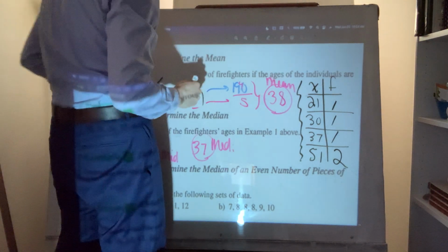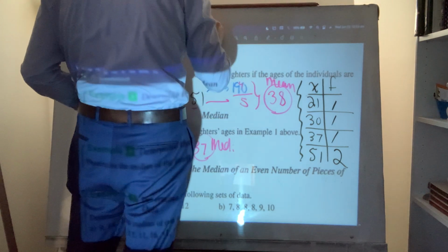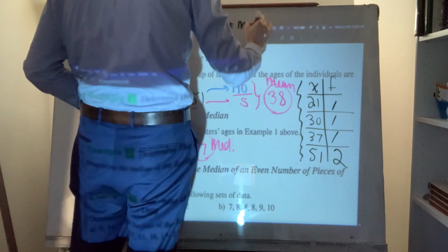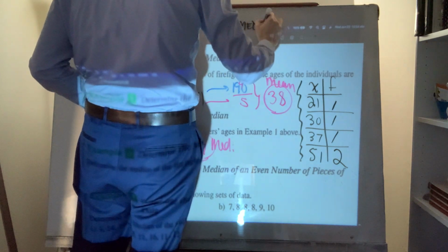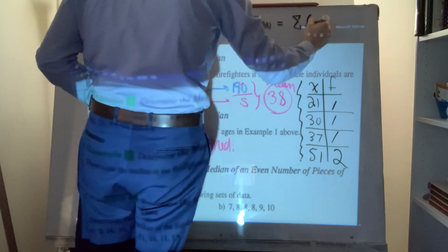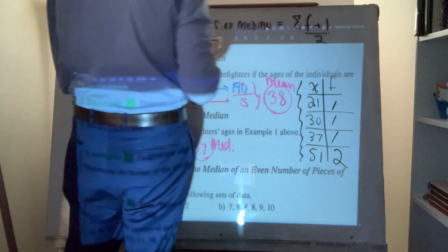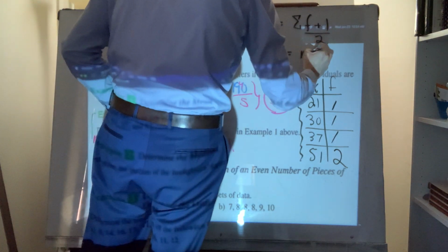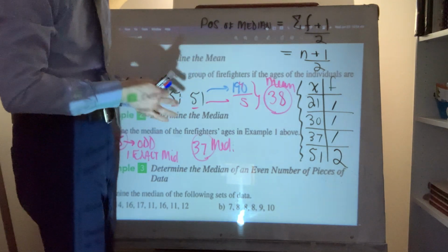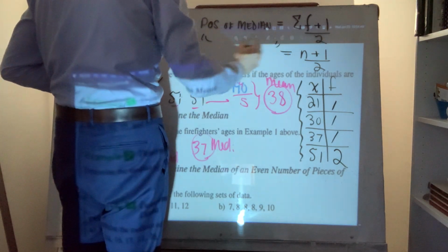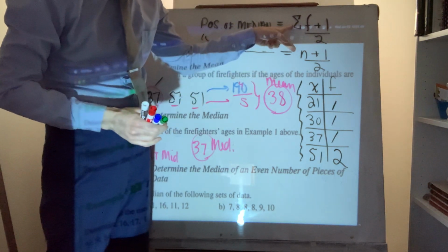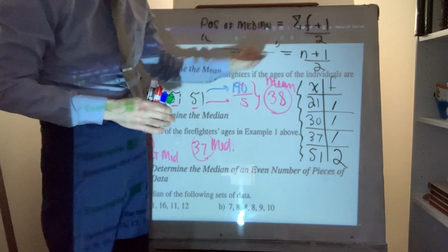So if you use this position formula, either this incarnation of it, the sum of the frequencies plus 1 divided by 2, or this one, because they accomplish the exact same thing, this will identify the location of the middle, the median.